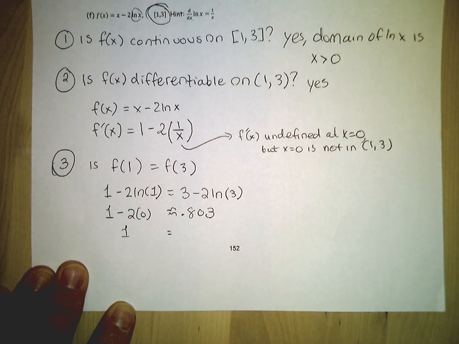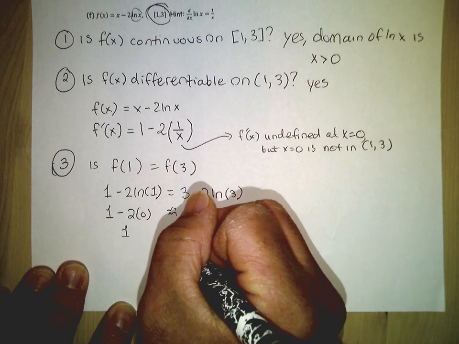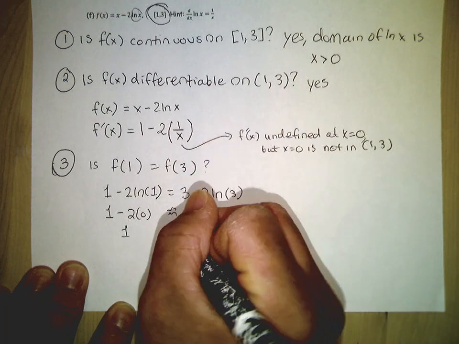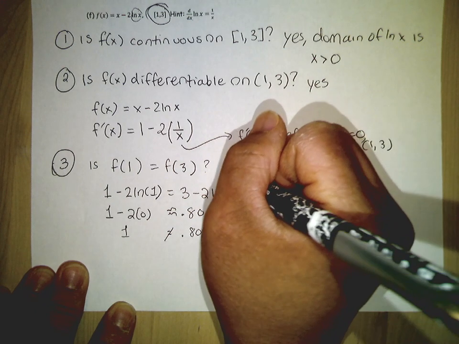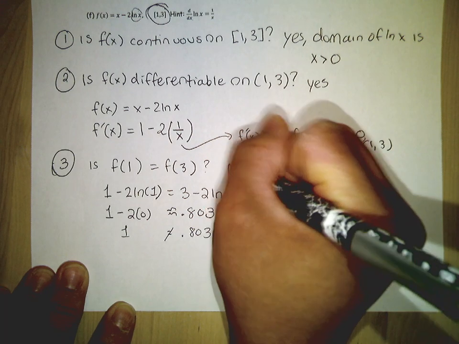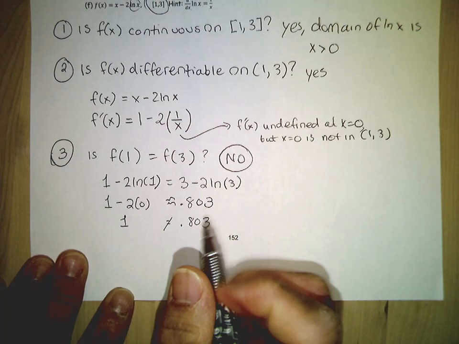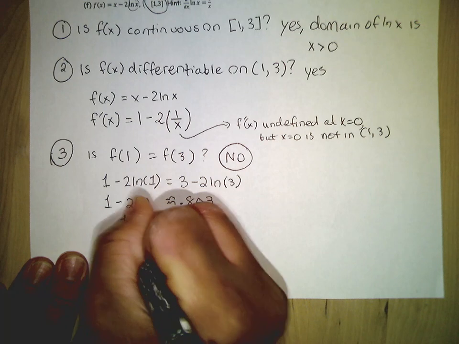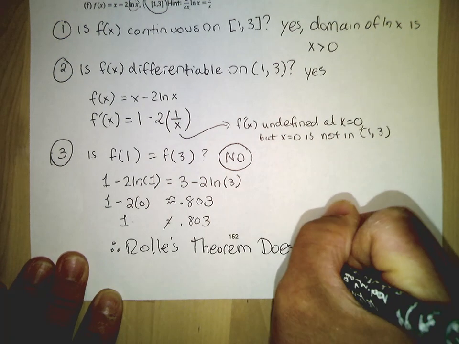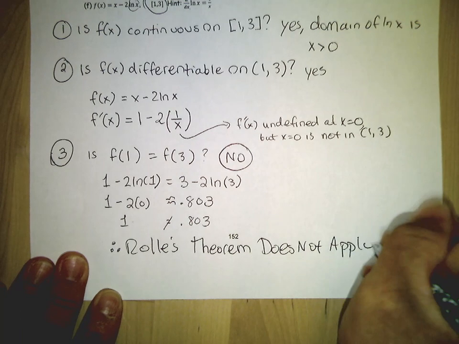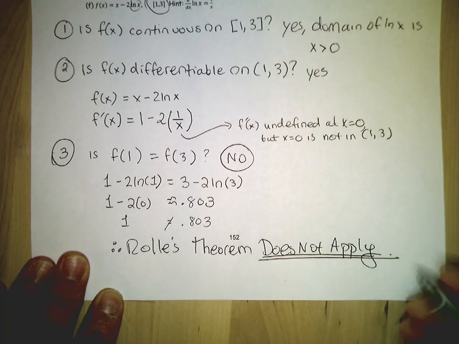I did that mentally, or you can just use your calculator to get a quick estimate, but I hope you see that this is definitely not equal to that approximately 0.803 here. So this is definitely no, and since these were not equal, therefore Rolle's theorem does not apply. What a time to be alive.